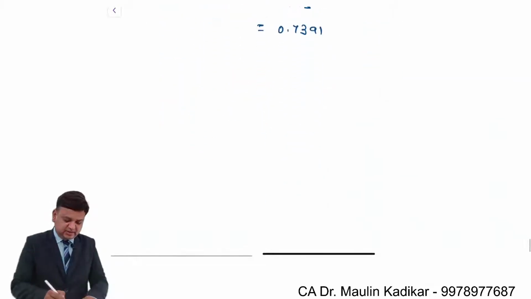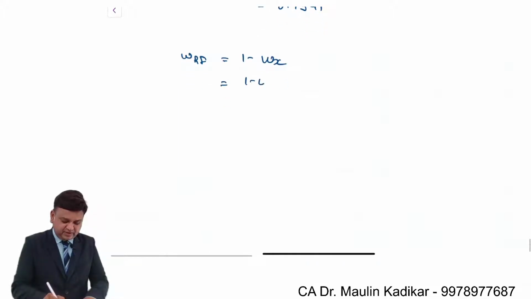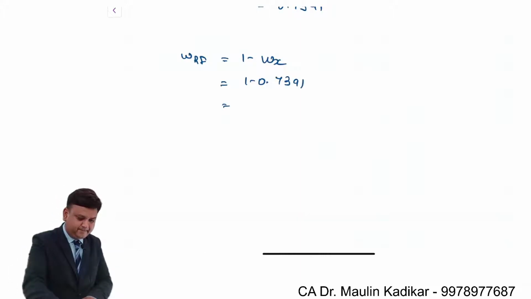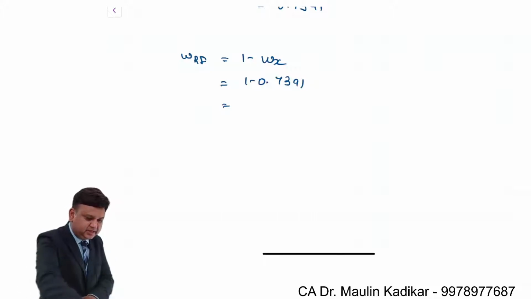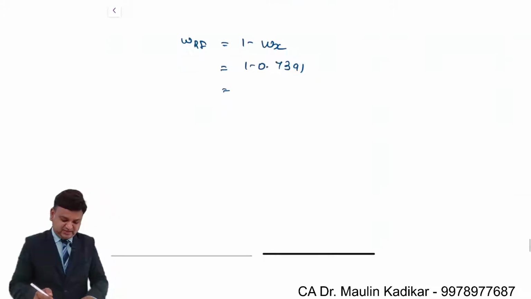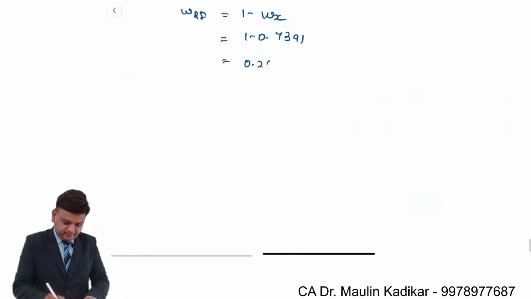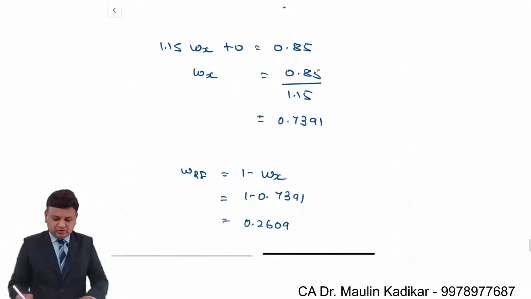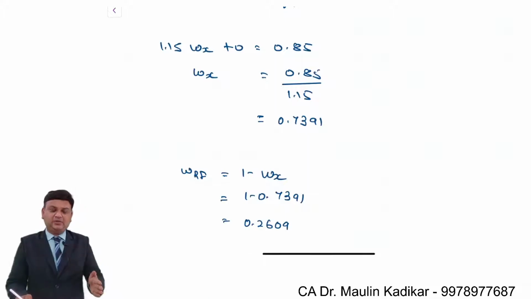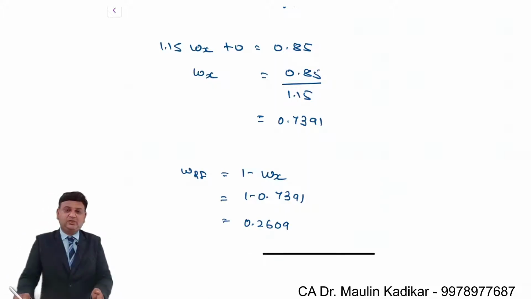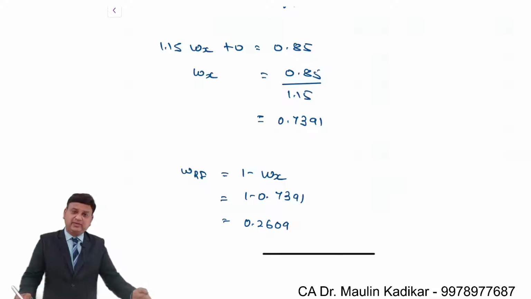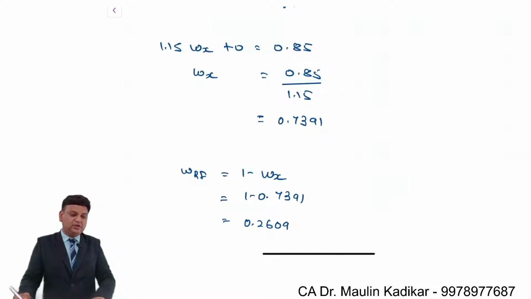So we understand that the WRF is equal to 1 minus Wx, 1 minus 0.7391. That comes to 0.2609. So approximately 26.09% of your existing investment should be transferred to risk-free security so that the beta of the portfolio will reduce to 0.85.